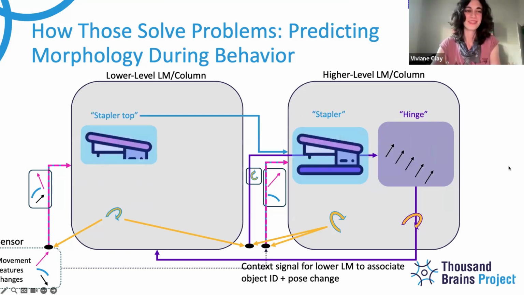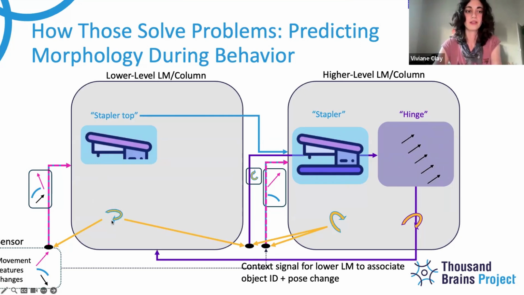Okay, all right. Last, just real quick, how could we use this mechanism to predict morphology during a behavior? The idea is that we have this behavior model up here that stores changes, for example relative orientation changes of the top of the stapler relative to the whole stapler. This feedback signal could then be used to inform the lower level column how to update the expected orientation of the child object.